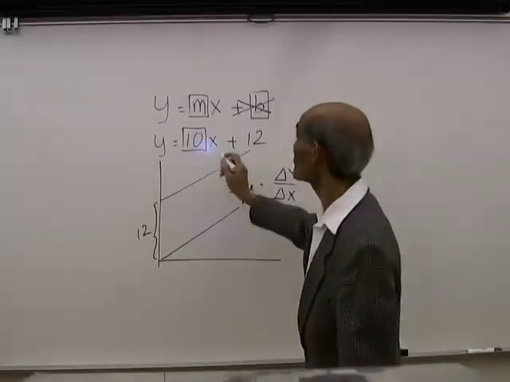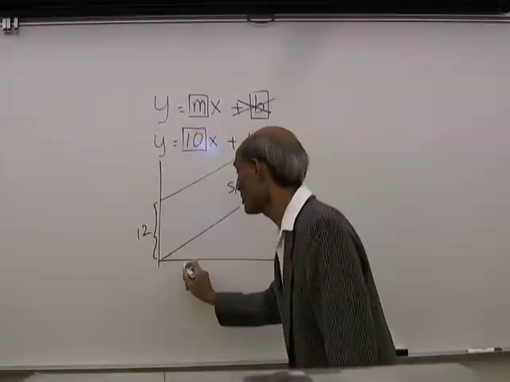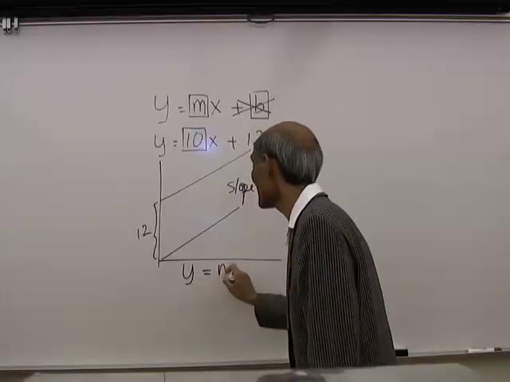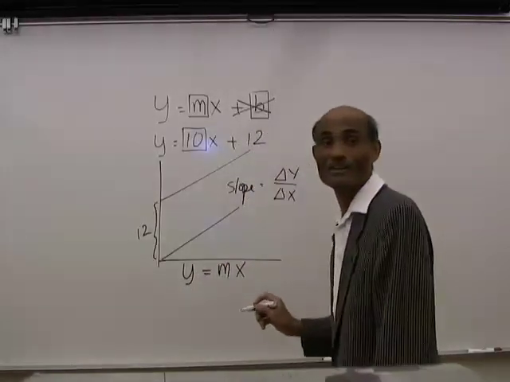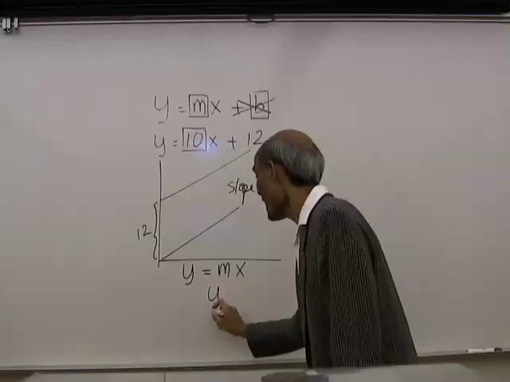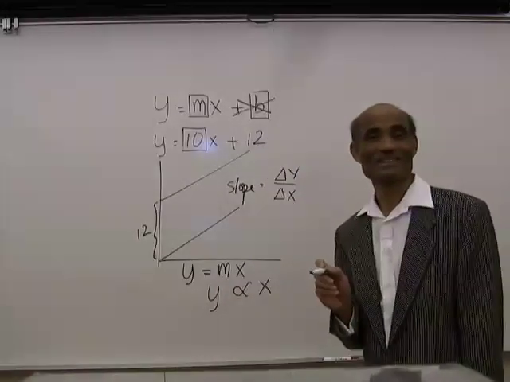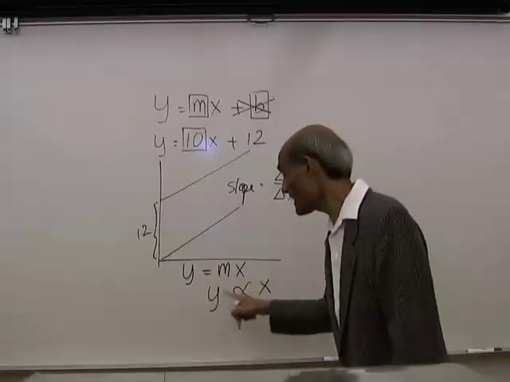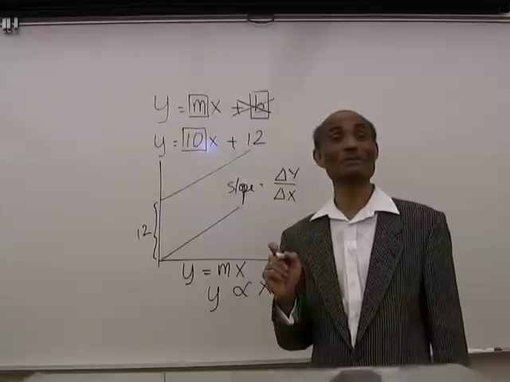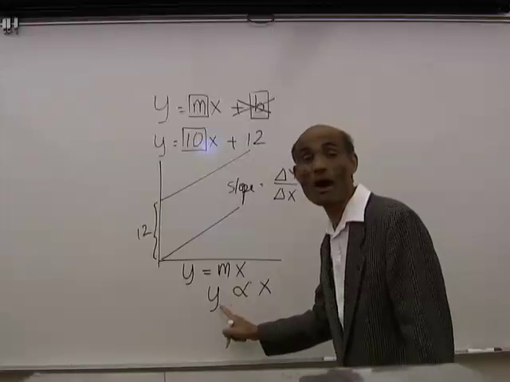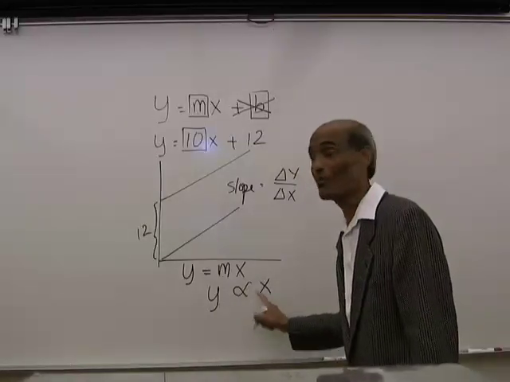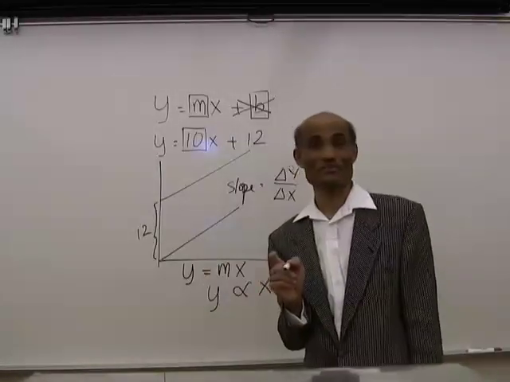Now, if a graph passes through the origin, we say y equal to mx. Now, this means y is directly proportional to x. You see, when y is directly proportional to x, a graph of y against x will pass through the origin.